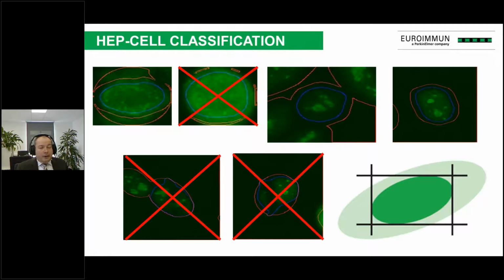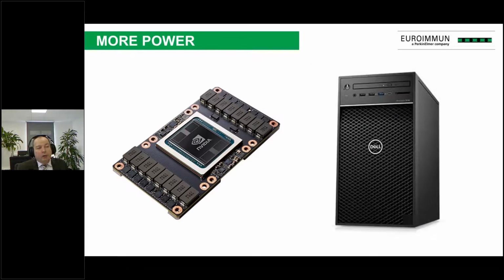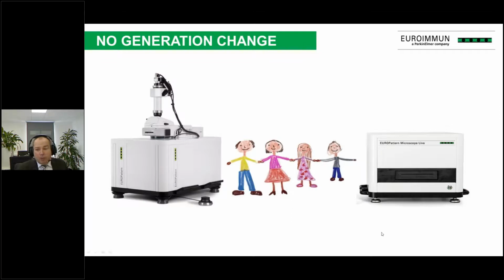For all this analysis, we also have to accelerate our hardware. It means in the future, all our computers with the microscope will use a special GPU graphics card from NVIDIA like this. Maybe somebody of you will ask me, it's great development, but is it a generation change?